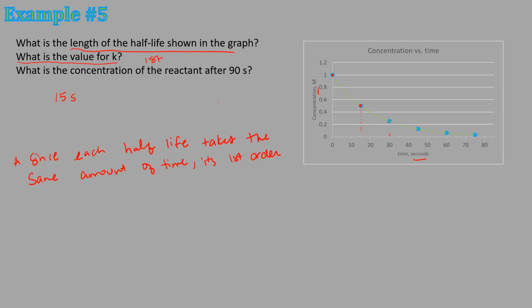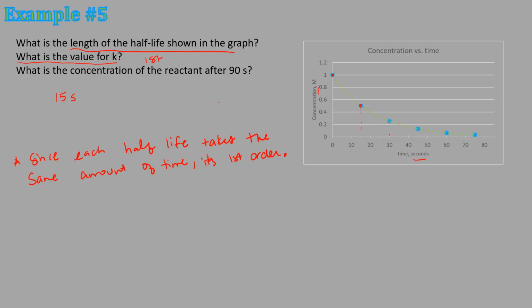That last problem that we did on the last slide, we couldn't use the half-lives for that because it's second order, and so second order reactions, each half-life takes a little bit longer than the last. Actually, I think it went through 3 half-lives. I don't remember, but it says since each half-life takes the same amount of time, it's going to be first order.